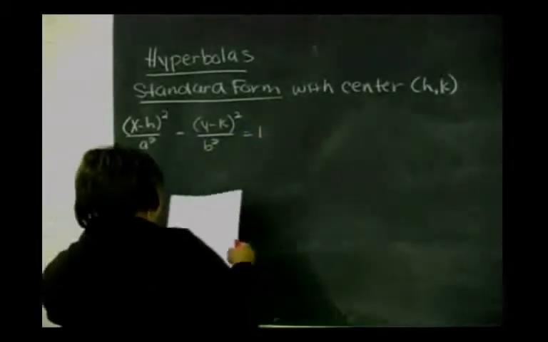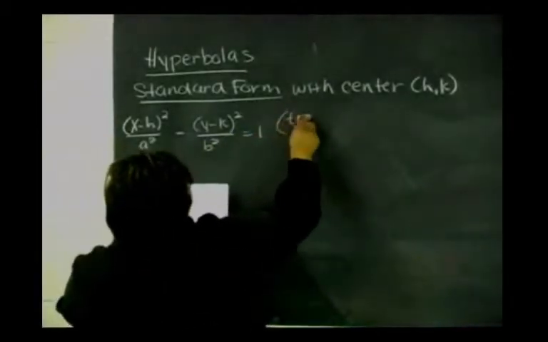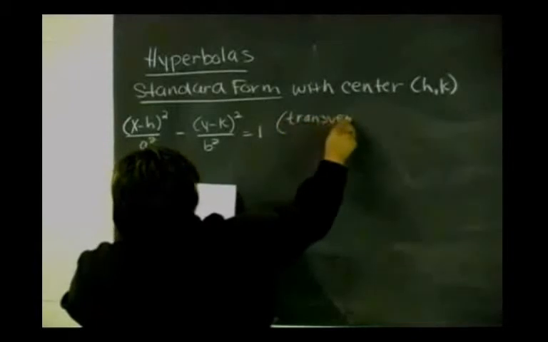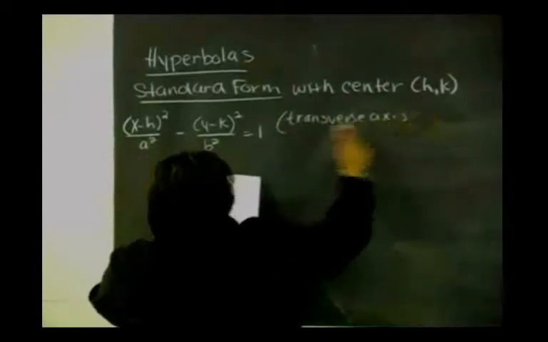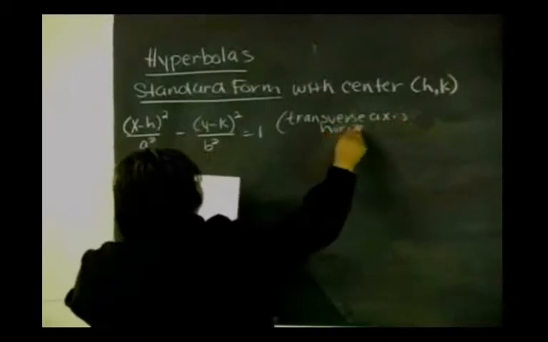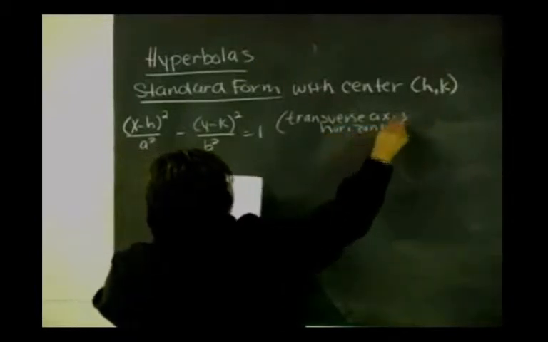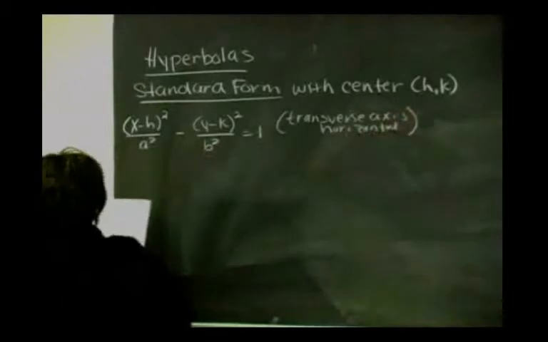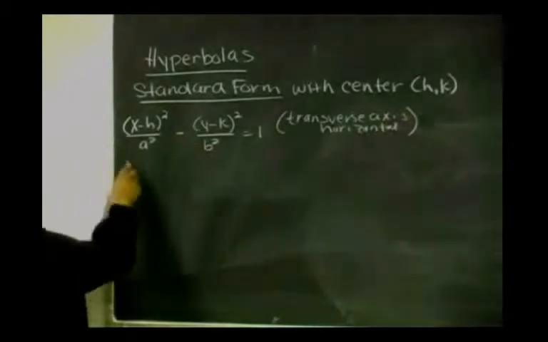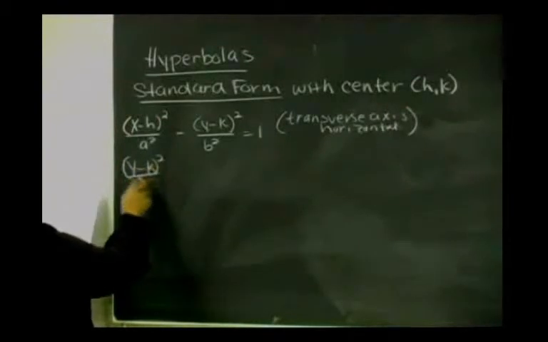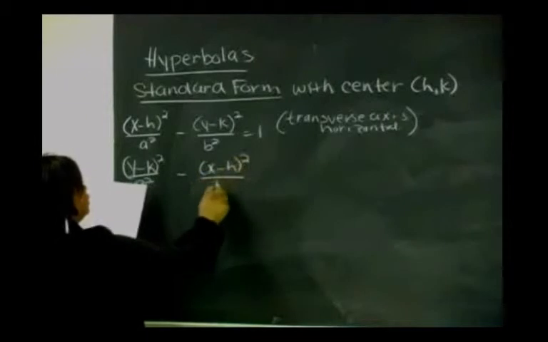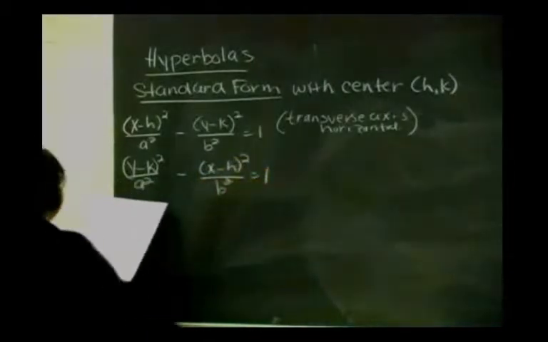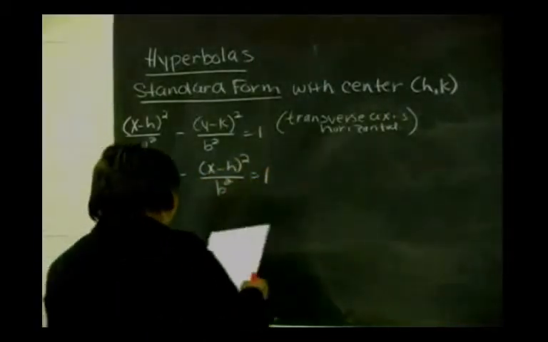And this is if the transverse axis is horizontal, and we'll talk about what that means. The other form, (y minus k) squared over a squared minus (x minus h) squared over b squared equals 1, is if the transverse axis is vertical.